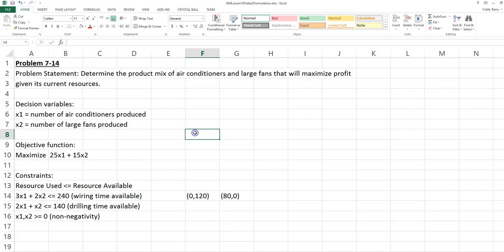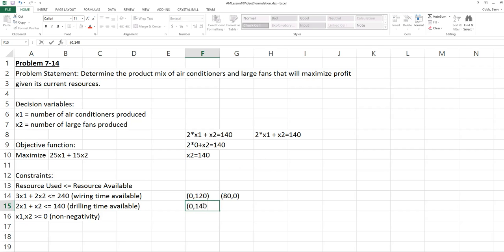Let's consider the second constraint. If we substitute 0 for x1, the equation will simply reduce to x2 equals 140.